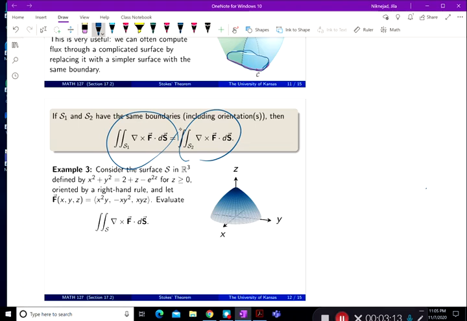Now consider the surface S in R3, that is x squared plus y squared equals 2 plus z minus e to the power 2z, for z bigger than or equal to 0, oriented by the right hand rule, and that is again, when you walk across, you have to get it going this way.